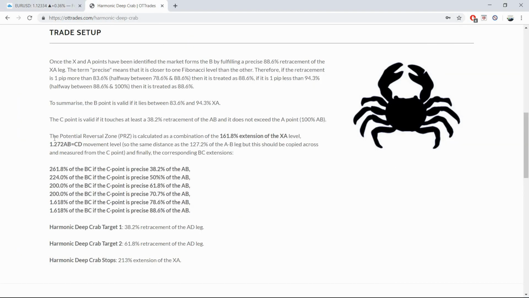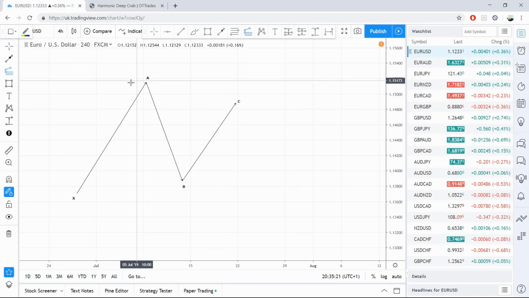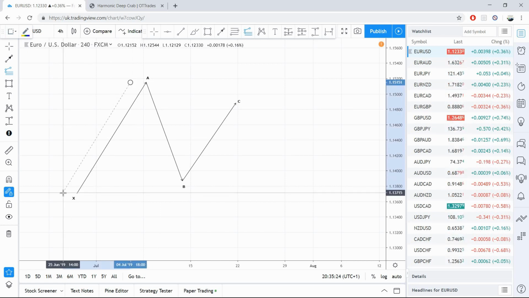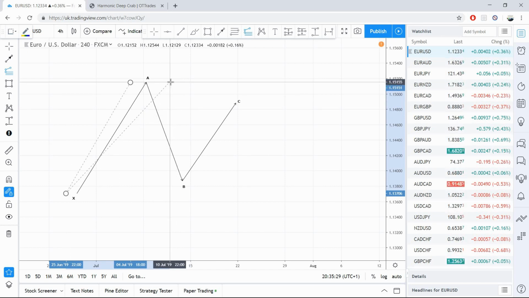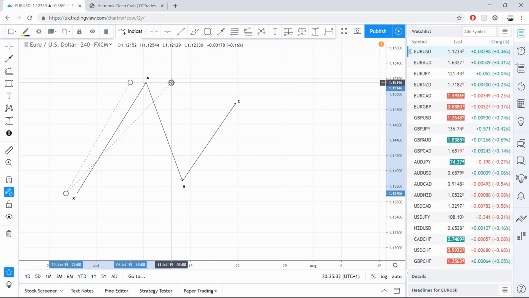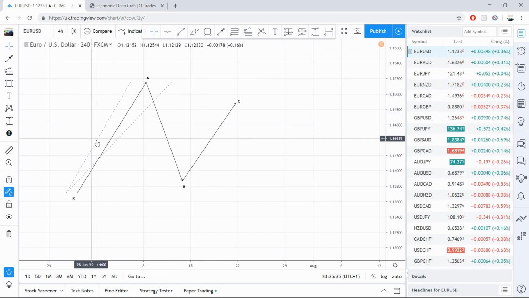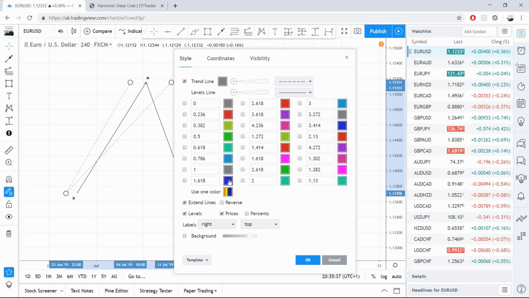So finally the D point then, the potential reversal zone. So unlike advanced patterns, the D point is now a zone. It's made up of 3 Fibonacci retracement or extension levels. The potential reversal zone is calculated as a combination of the 161.8 extension of the X to A leg. So if we get our extension tool, go from X to A, a bit higher on that there, and we want the 1618 here.